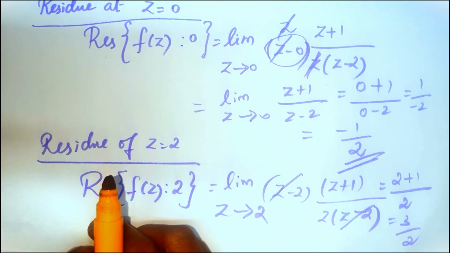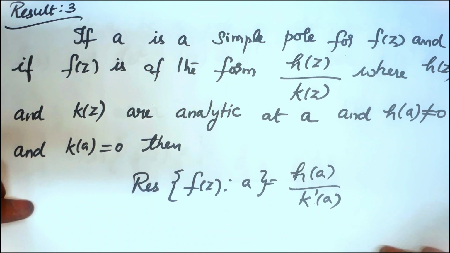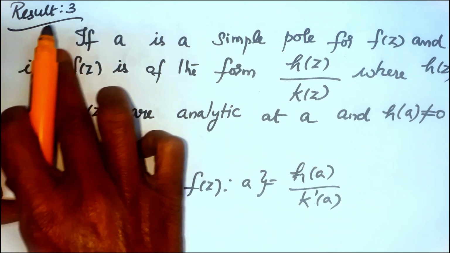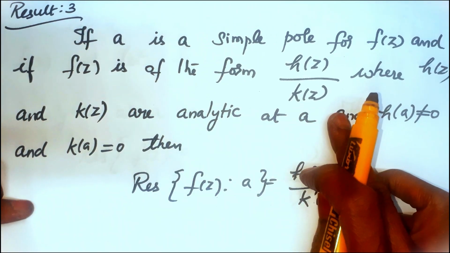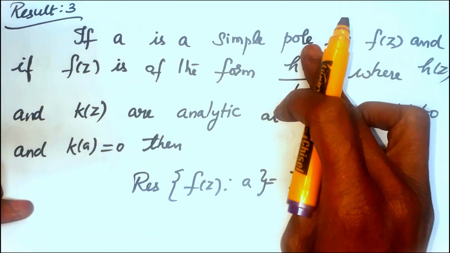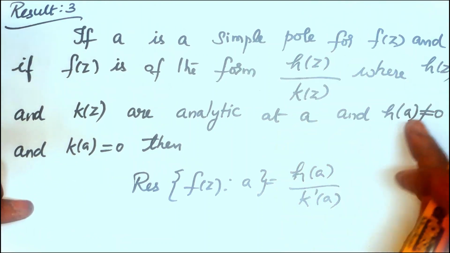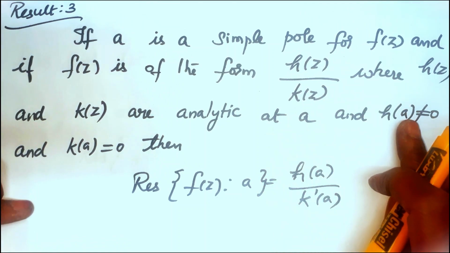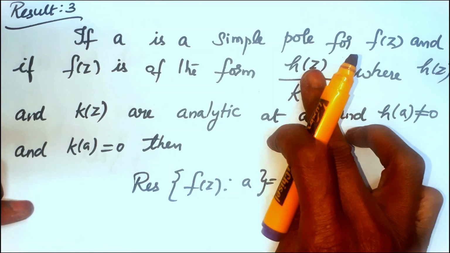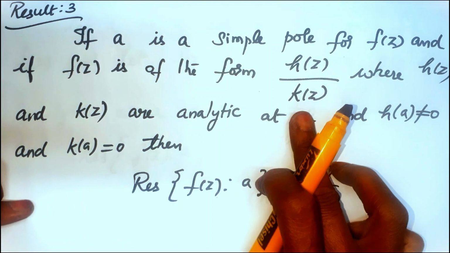Is that clear? The same problem can be done using another method too. We have result number 3. If the given f of z is of the form h of z by k of z, numerator by denominator, with the condition that h of a, where a is the pole, is not equal to 0, but k of a is equal to 0.